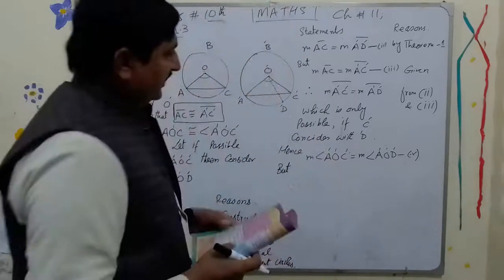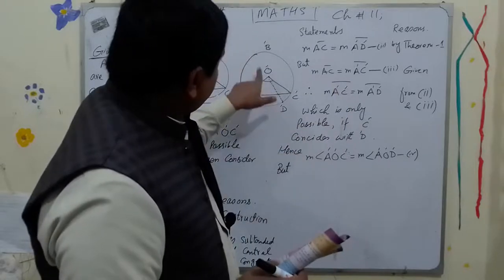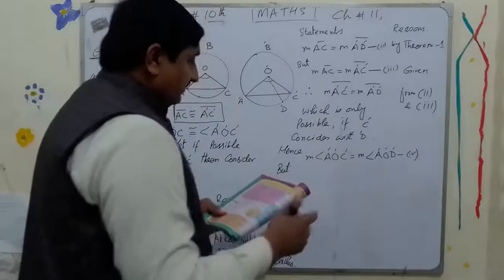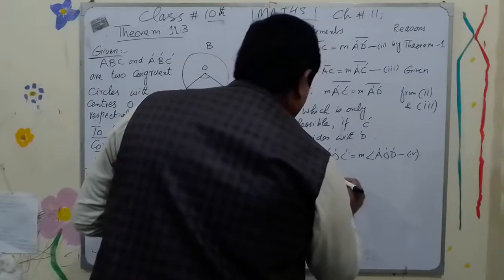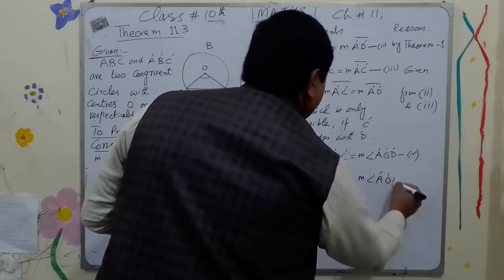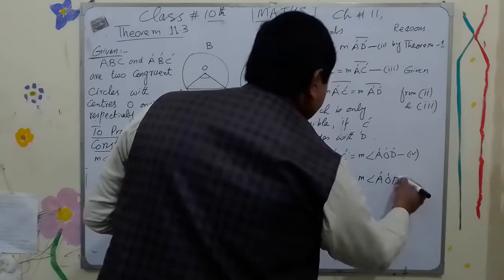But when this is possible, it means that angle A prime O prime C prime and angle A prime O prime D prime both become equal. But we can say that measure angle AOC is equal to measure angle A prime O prime D prime.